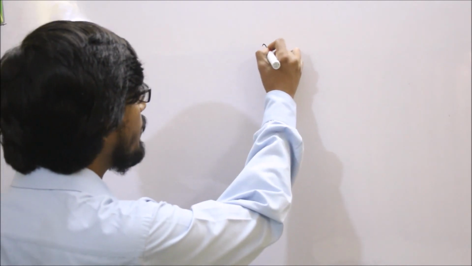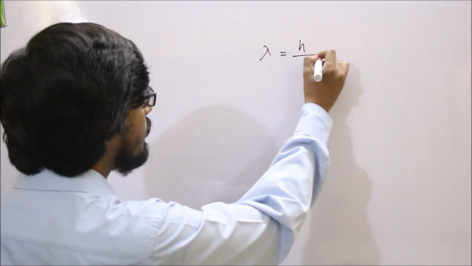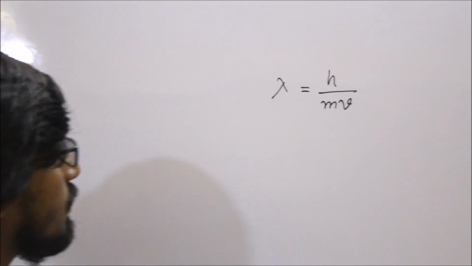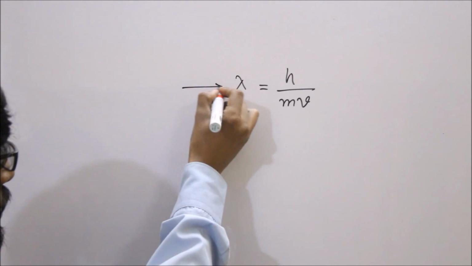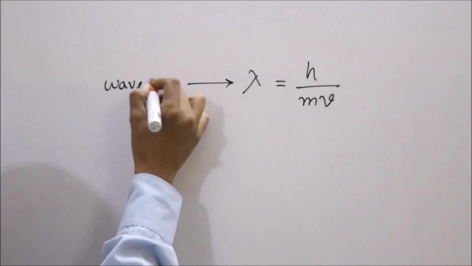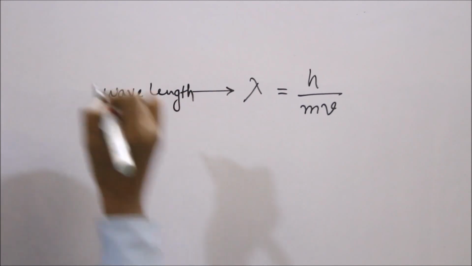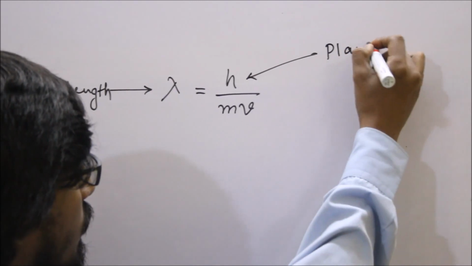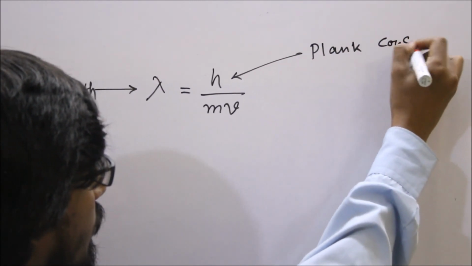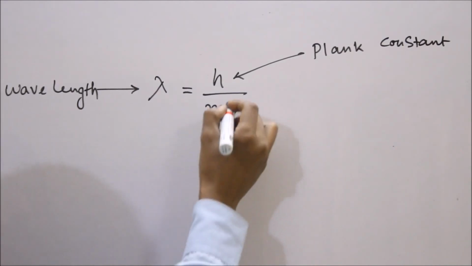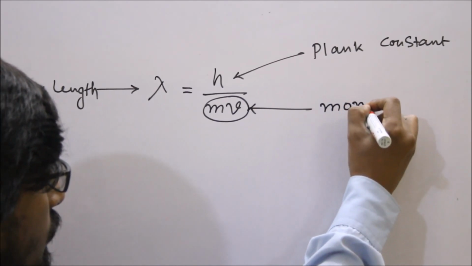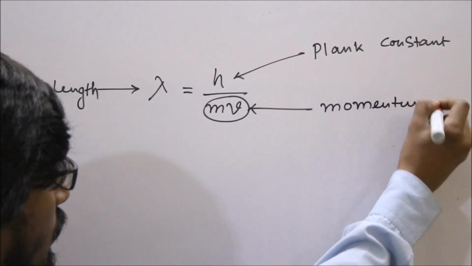Now the de-Broglie's wave equation is lambda equals h by mv, where lambda is the de-Broglie's wavelength, this is wavelength. h equals Planck constant. mv is equal to the momentum of the electron.